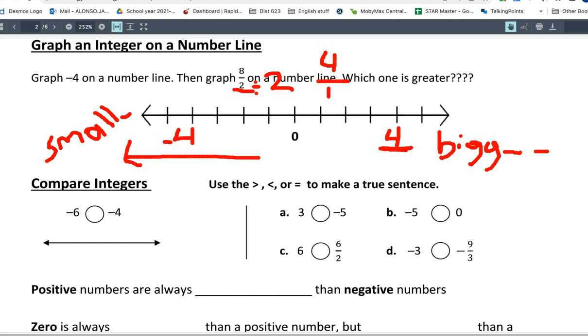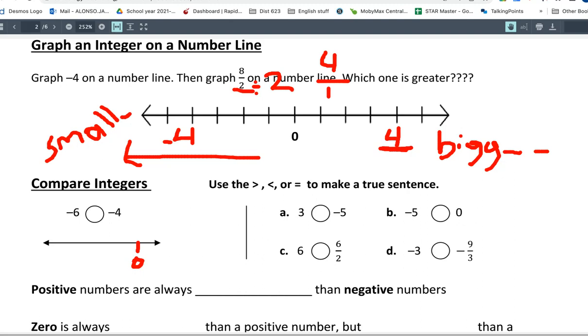So let's take a look at this, right? So here we're comparing -6 and -4, right? So let's say that this 0, just to give us more space, is here, okay?